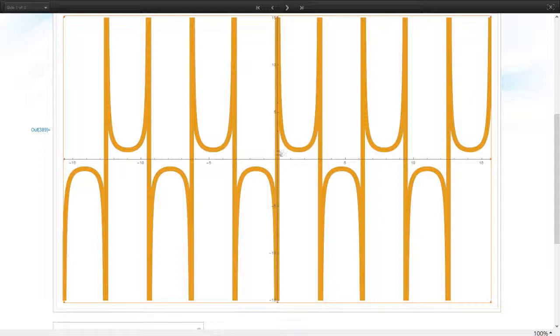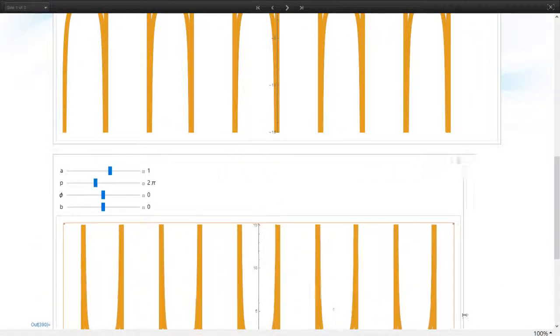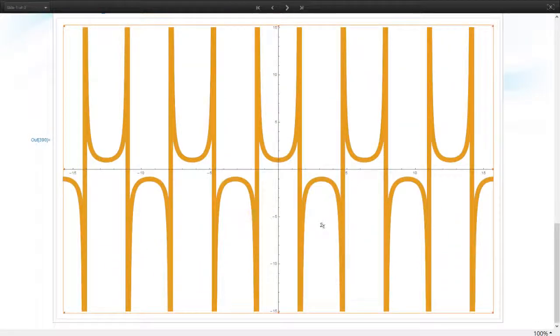It's positive in the first and second quadrant and negative in the third and fourth quadrant. Secant, on the other hand, is like tangent. Secant has its asymptotes at pi over 2 and 3 pi over 2 and 5 pi over 2 and so on. It's positive in the first quadrant, which is here, and the fourth quadrant, which is here. And then it's negative in the second quadrant and the third quadrant.